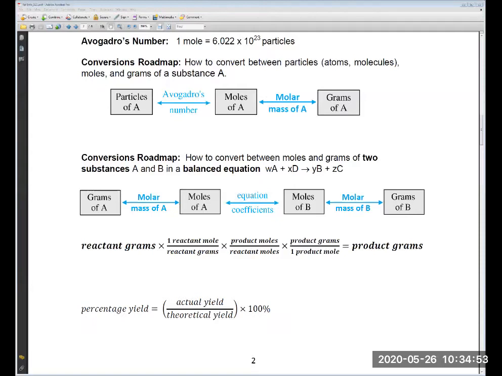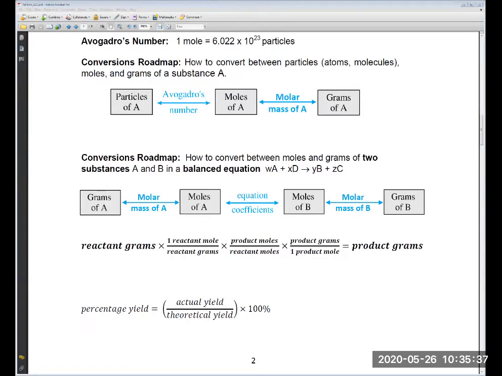So this roadmap here shows the full calculation when you're asked for a mass of a substance from the mass of another substance. But of course, the question could ask for moles given a number of grams, or you could start with moles of A and be asked grams of B, right? You could start at moles of A instead of grams of A. And also, the question can simply be, how many moles of B are produced from this number of moles of A, right? It could be just one step, and that could be that middle step.